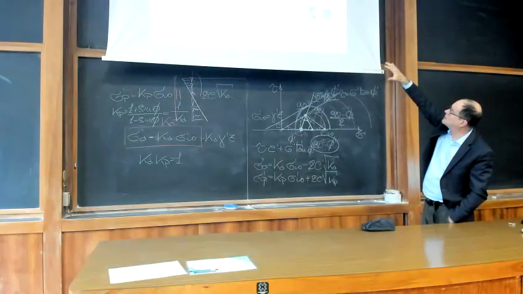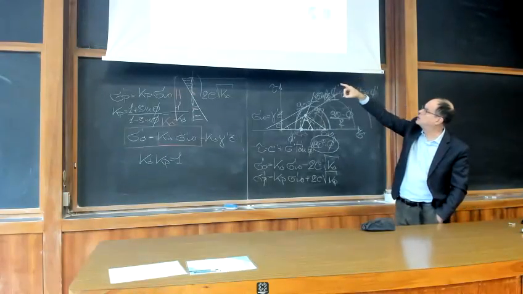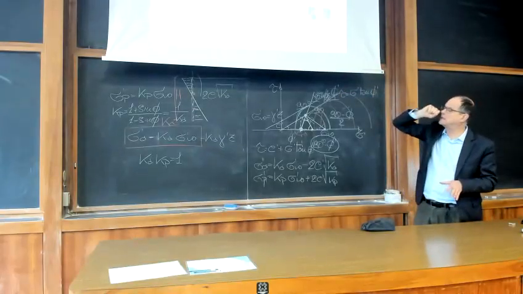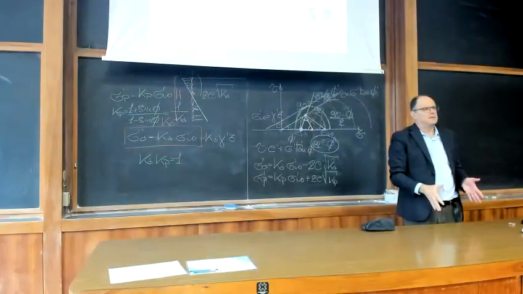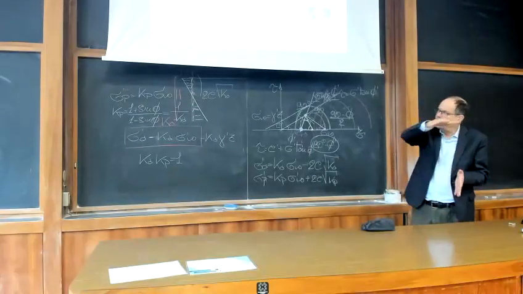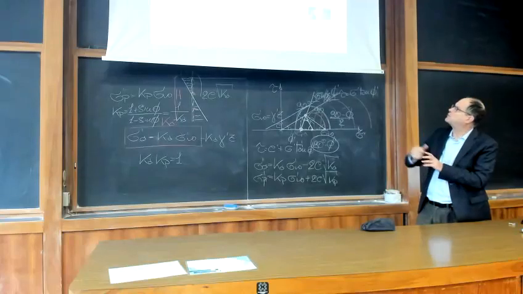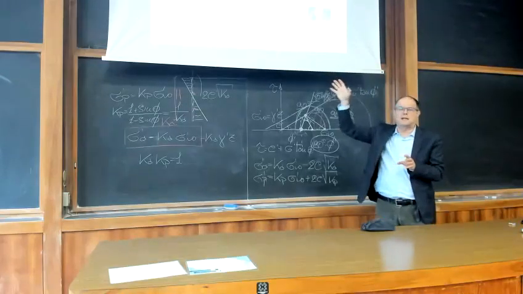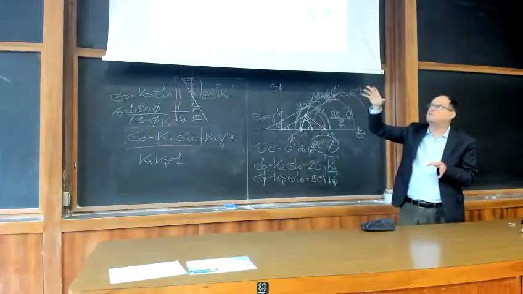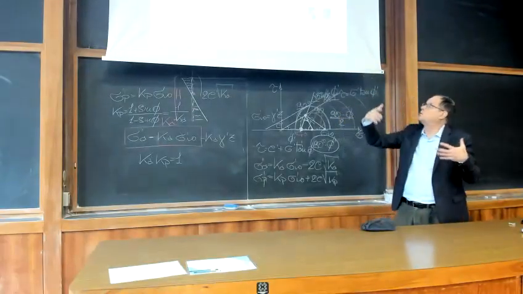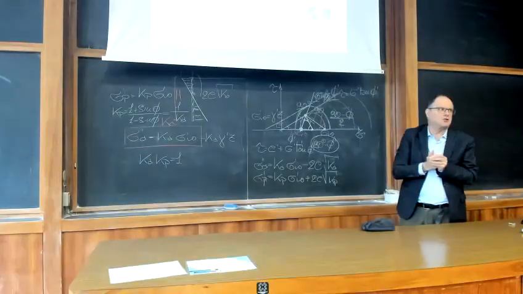You always increase your load while you increase the settlement. So typically, in order to define failure, we are not able to find a limit, but we have to define a limit to the maximum settlements, by which we assume that the soil has failed.